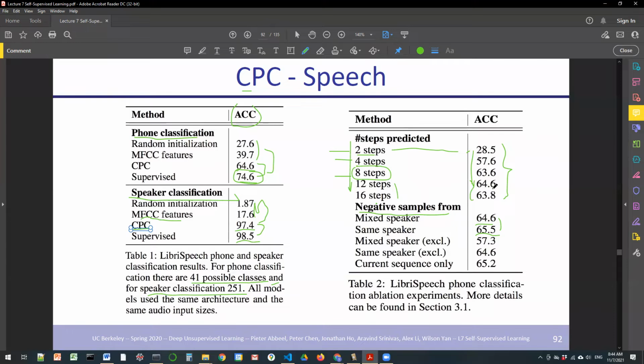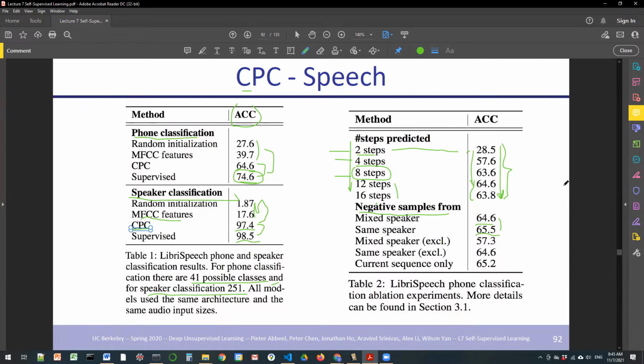And conceptually, you can understand this, because we talked about this concept of mutual information. So it seems the explanation of why this trend happens is that as long as the mutual information between your context and all these steps continues to exist, and you're able to extract that in your encodings, the accuracy continues to improve.